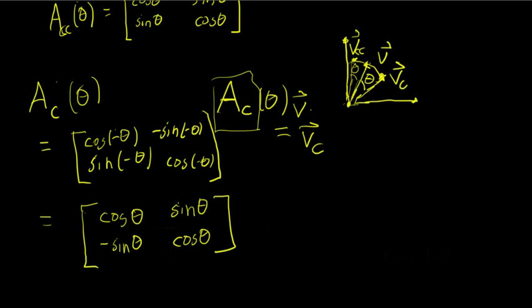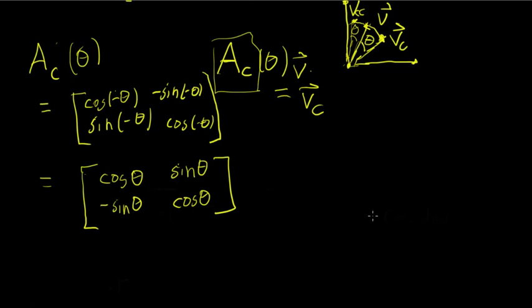So let's say hypothetically we had the vector 1, 2. Say this is the y-axis, this is the x-axis, and we'll say this is the vector v, 1, 2, and we wanted to rotate this. I don't know, we'll just keep it abstract, or heck, we can make it more concrete.